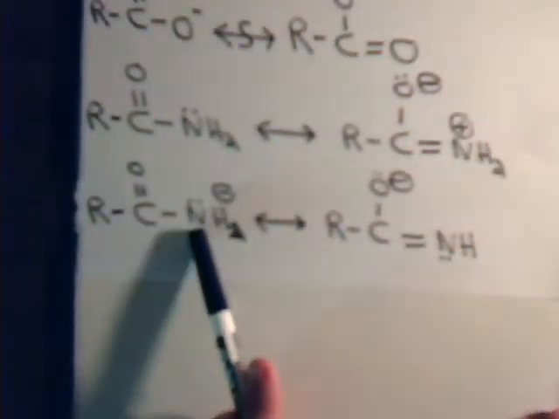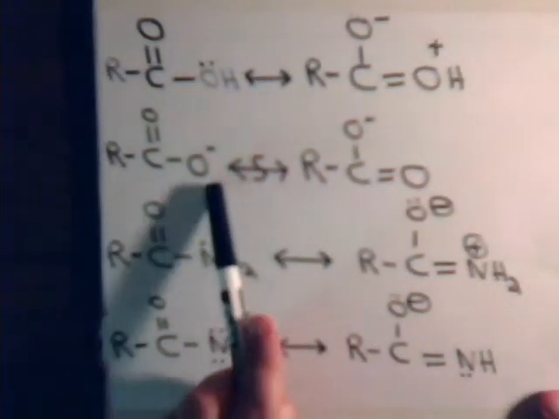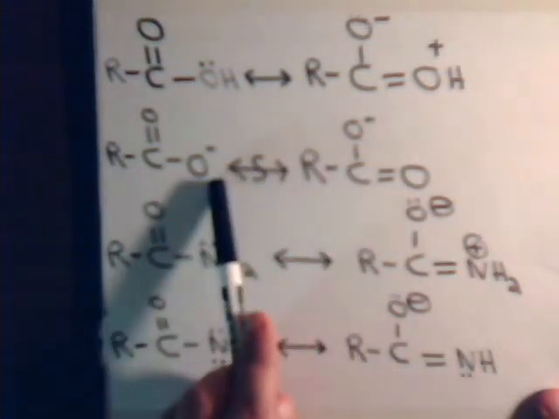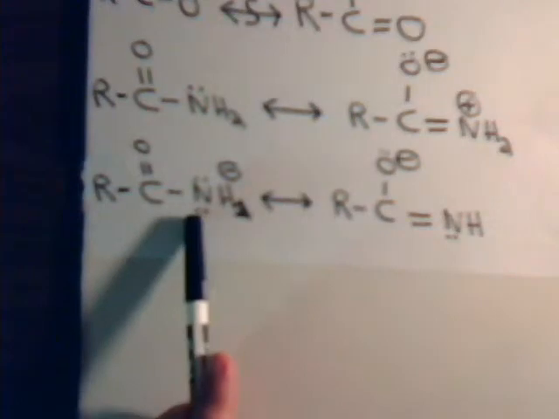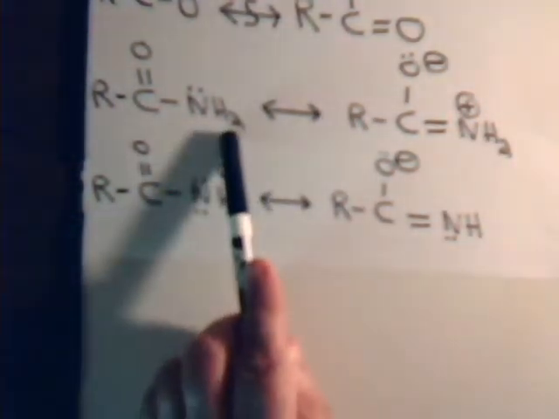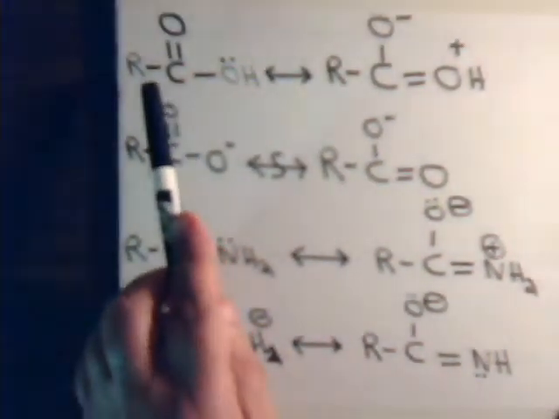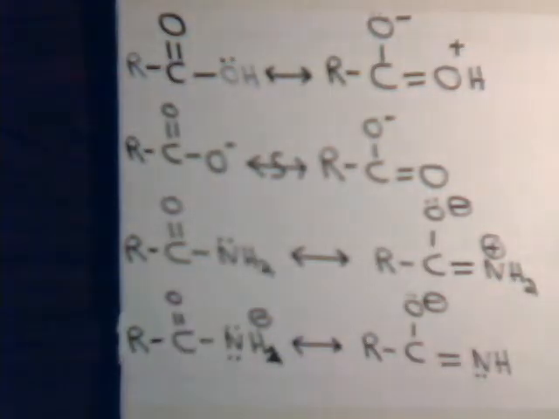Here it's on the less electronegative nitrogen. And reason number two, this anion is much better stabilized than the amide anion. This is better than this, so amides will be somewhat acidic, but not as acidic as a carboxylic acid.